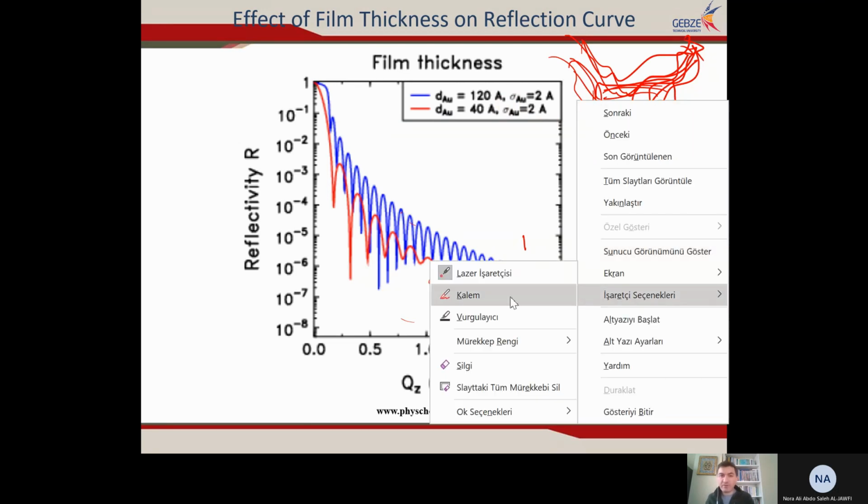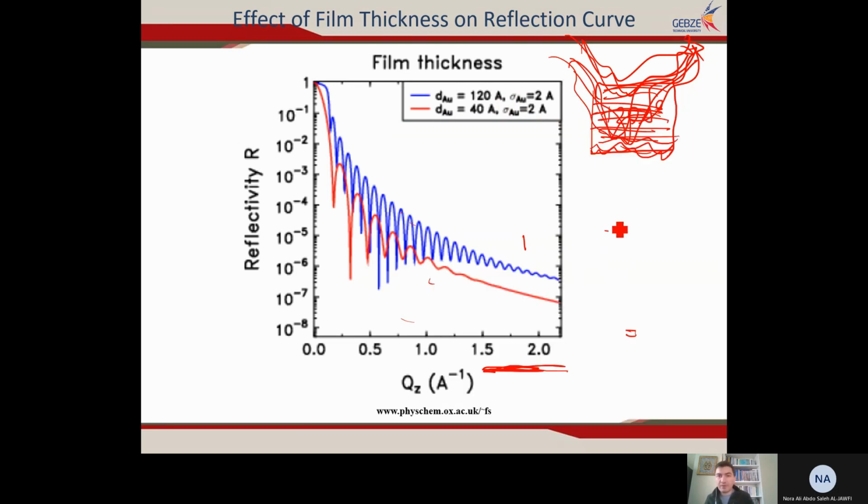Because with this formula, e to the power of minus Q square roughness square over 2, if you increase this Q, then this term will decrease the intensity that goes to the detector.